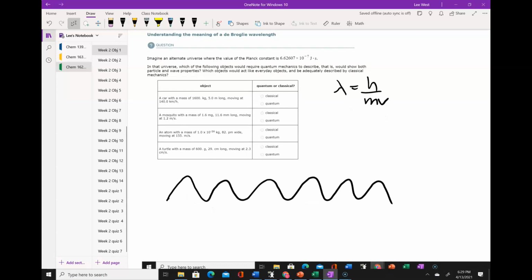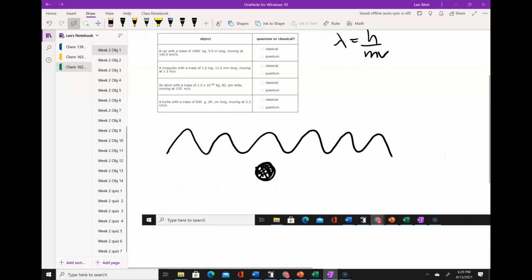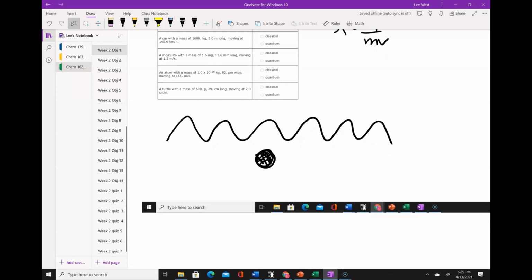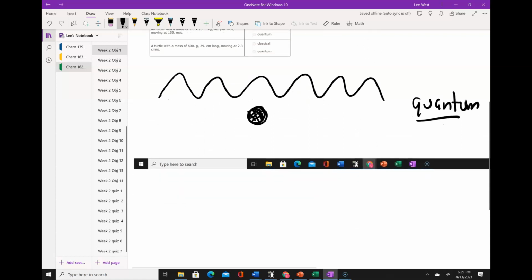If the wavelength of the particle is larger than the diameter of the size of the object, it might not be the diameter, it might not be spherical, then the object's properties will be dominated by its quantum properties. Right? They will be the most important properties of that particle.